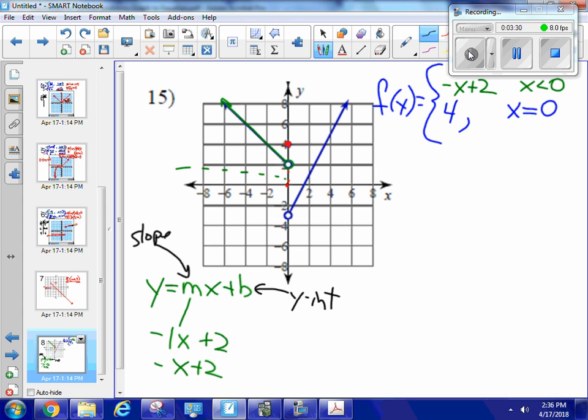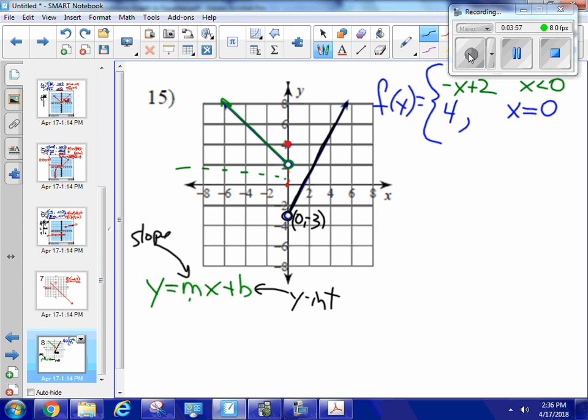So now I got this third function right here. It starts right here with an open circle at 0, and it goes up like that. Again, I need to do y equals mx plus b. I can see that it's a positive slope. This is a hard positive slope to figure out. Well, I start here at -3. So this is the point 0, -3.